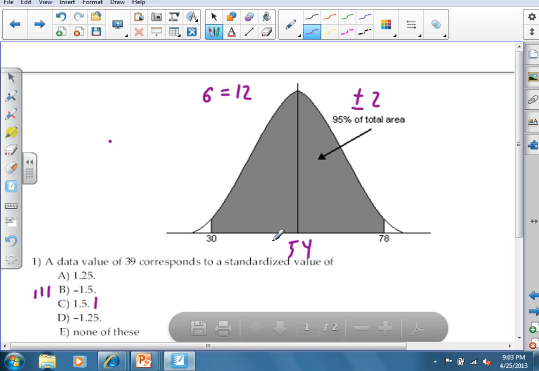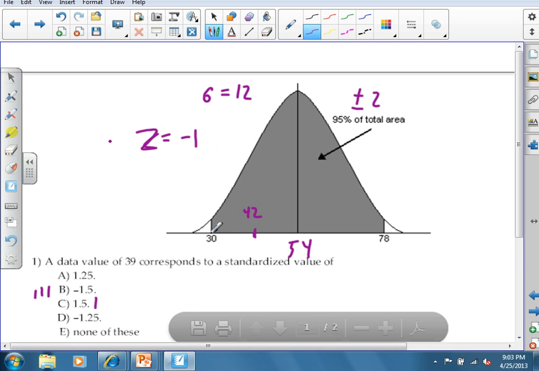Okay, so if this were 12, which would be there, 12, that'd be what is it, 42? If I was at 42, my standardized value z would be at minus 1. So that's where 42 would be.